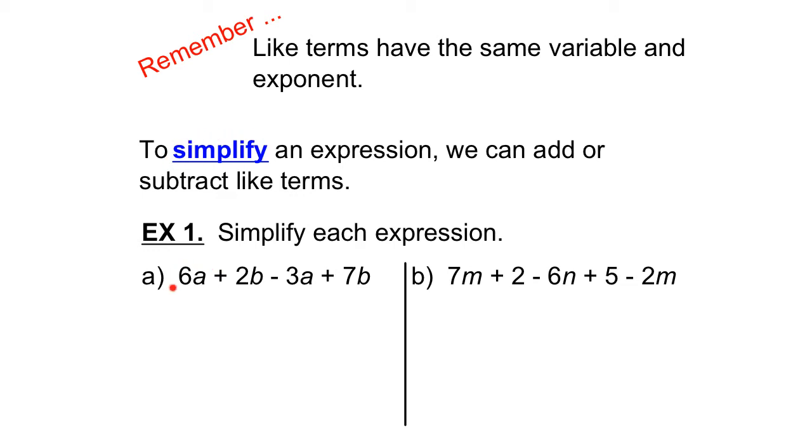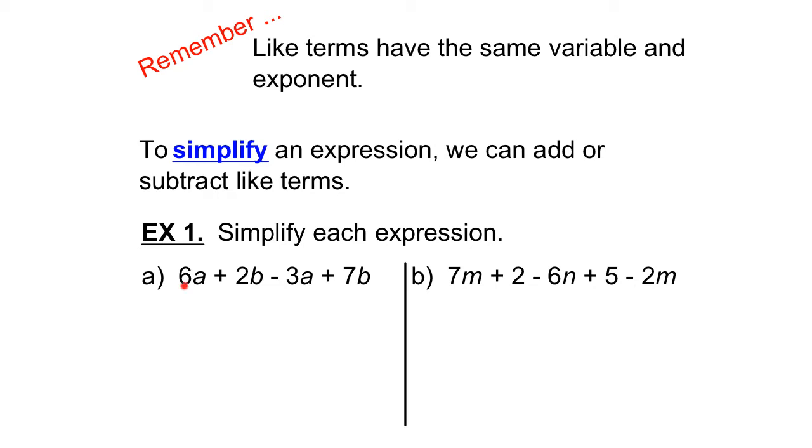So when you have an expression like this that has 4 terms, 1, 2, 3, 4, we can simplify this expression so that it doesn't have as many terms, only if we have like terms. Anytime you're asked to simplify an expression, you want to identify the like terms and then collect them. And with like terms, you can add or subtract them from each other.